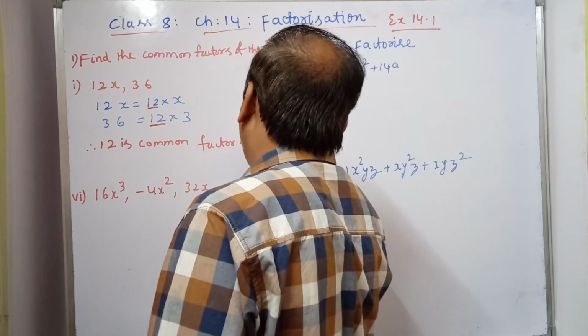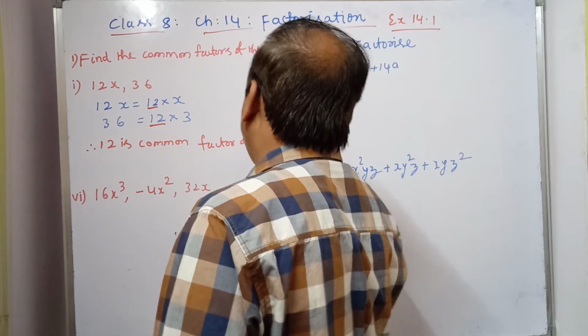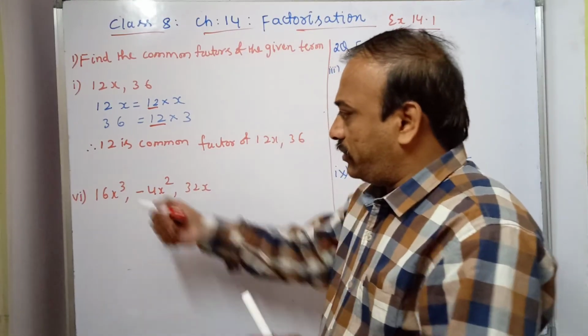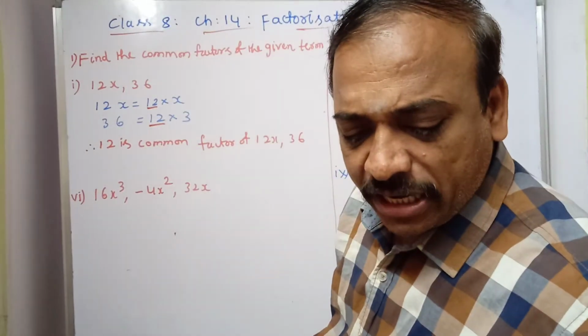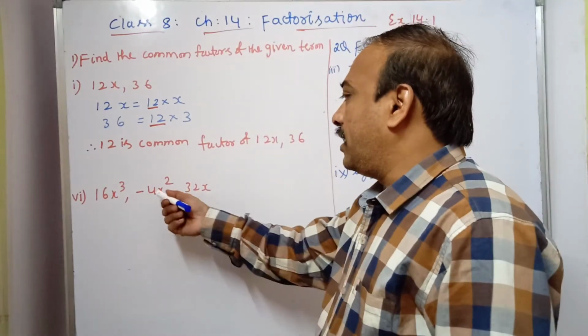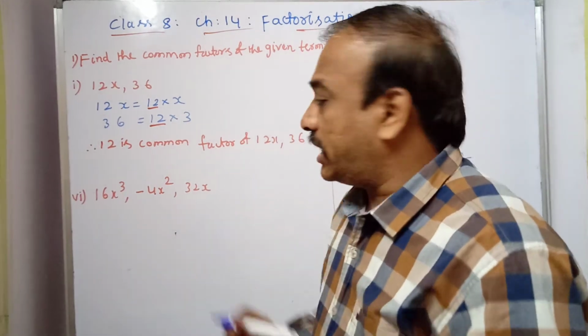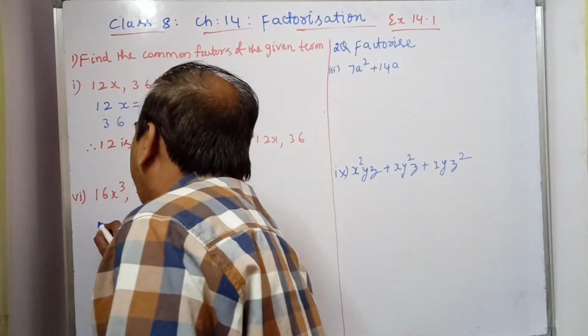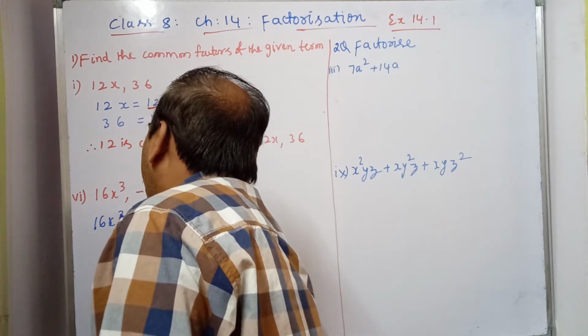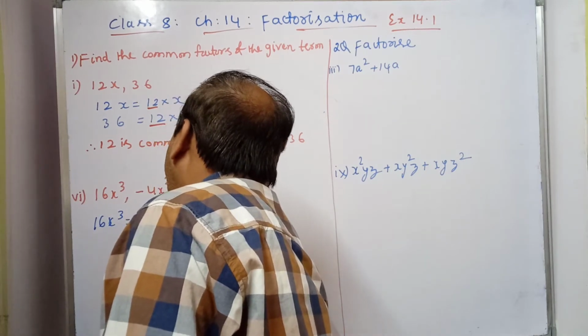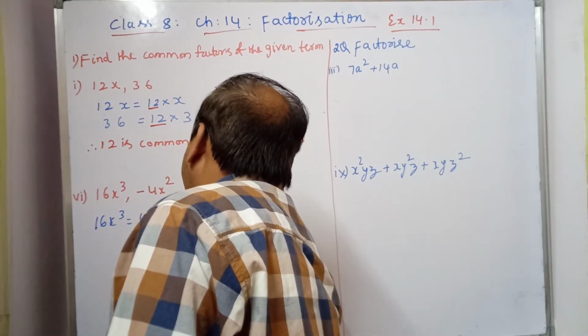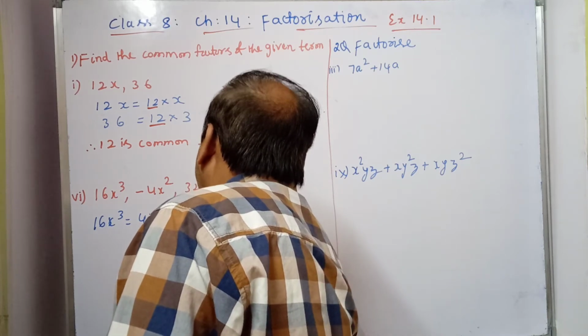Therefore 12 is the common factor of 12x and 36. Now the next one, you see 16x cube, minus 4x square and 32x. Common term we are taking. So 16x cube can be written as 4 into 4 into x into x into x.